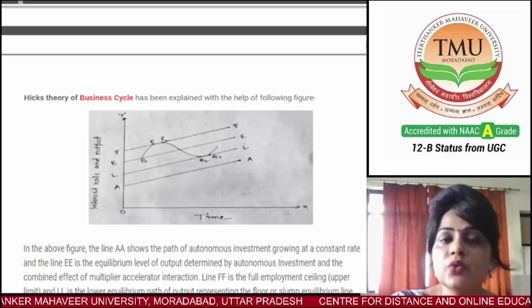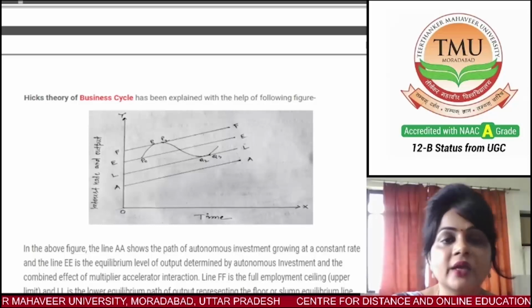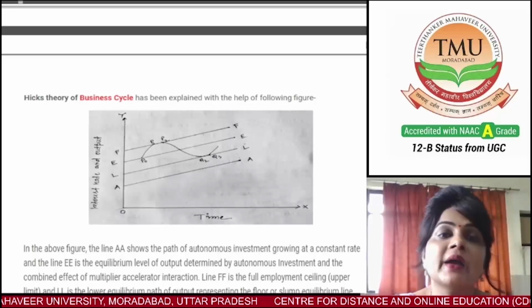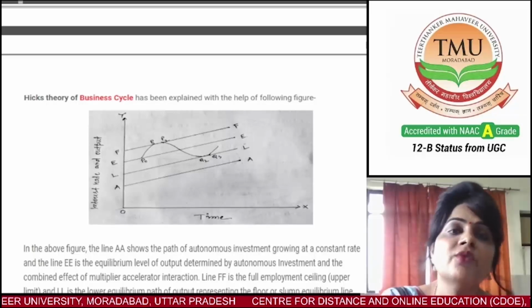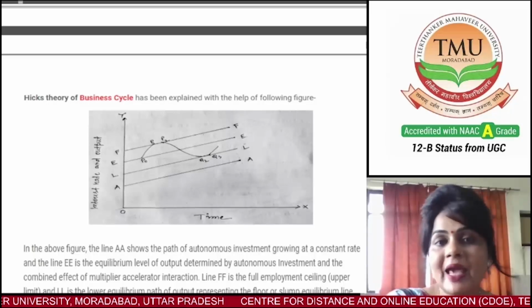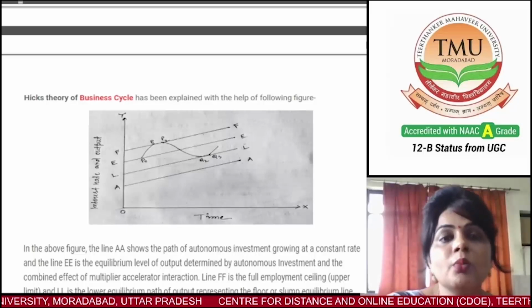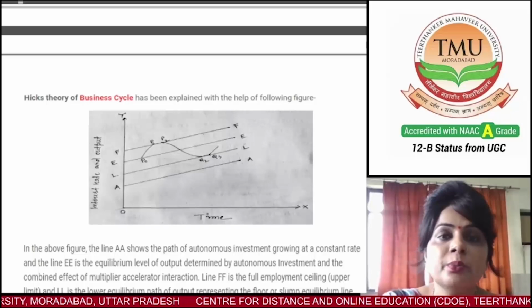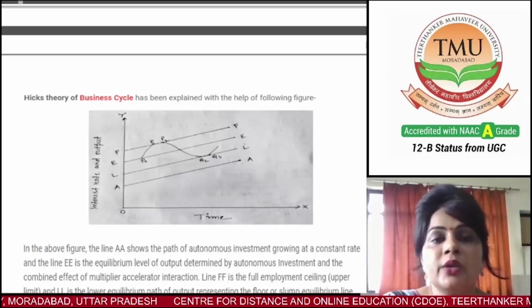This increase in induced investment causes national income to increase by a magnified amount through the multiplier. So, under the combined effect of the multiplier and accelerator, national income or output will rapidly expand along the path from P0 to P1 and P1 to P2.